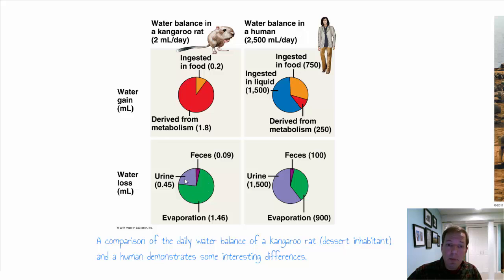As a result, it produces very little urine, and most of its water loss actually comes through evaporation through its skin. On the other hand, humans live in areas where there's plentiful water, and so we ingest most of the liquid in our bodies, and consequently we also release or excrete much of that water, not from evaporation, but through urine.